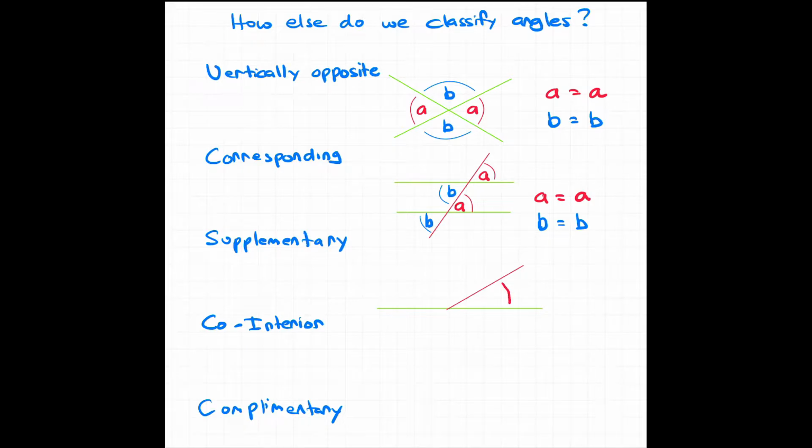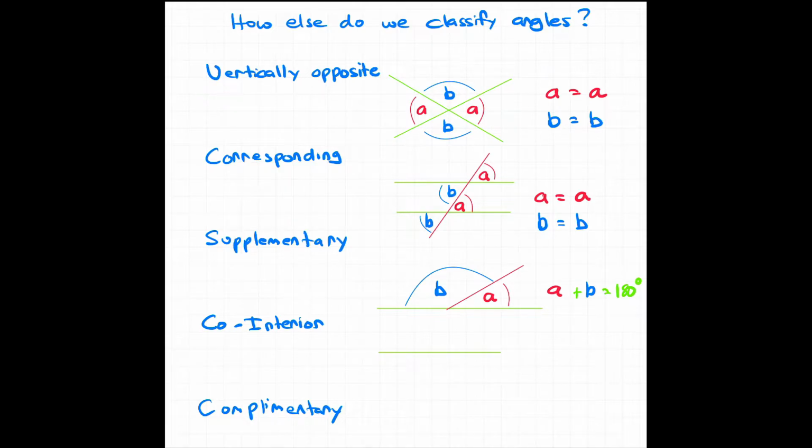I have an acute angle on this side that we'll label as A, and I have an obtuse angle on the other side that we'll label as B. So in this case we say that these two angles are supplementary, which means that A plus B is going to equal 180 degrees.